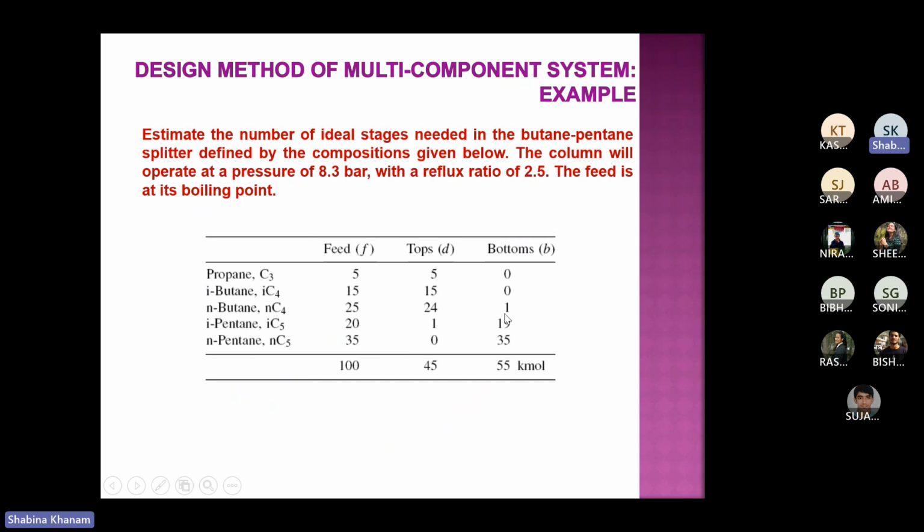Like x B, you can consider this is for light key and this is for heavy key. So 1 by 20, x B. x D should be 24 by 25, right? This is 24 by 25. x F should be 25 by 45, right?